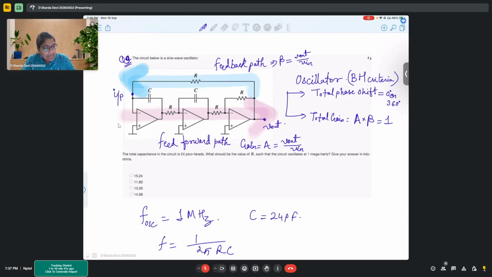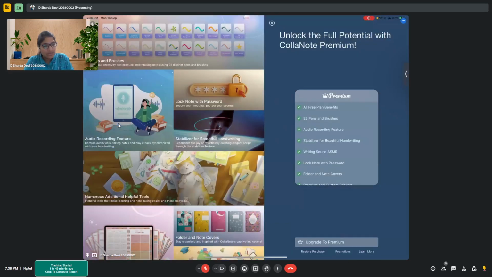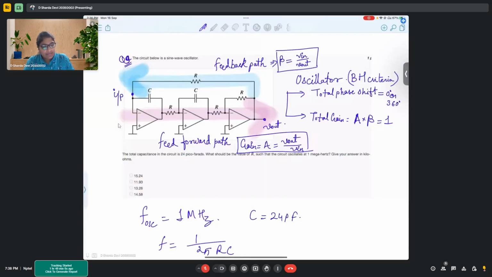So when I say A into beta should be 1, I am addressing this A and this beta. Finally you are reaching V in, and where you started was V out, right? So this is the idea.